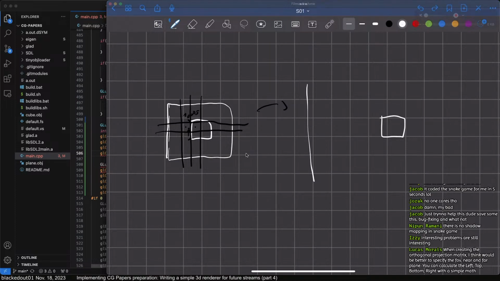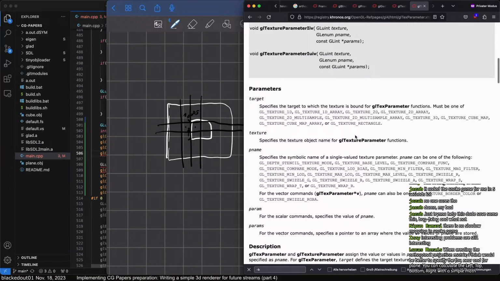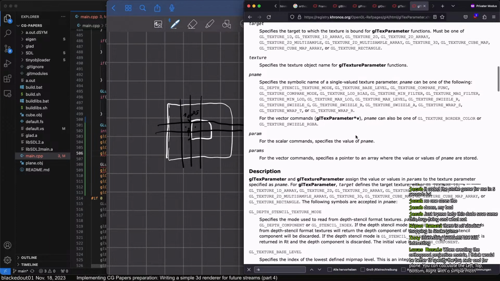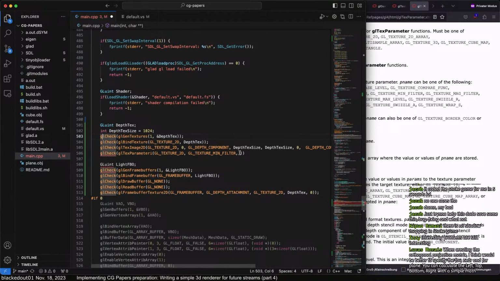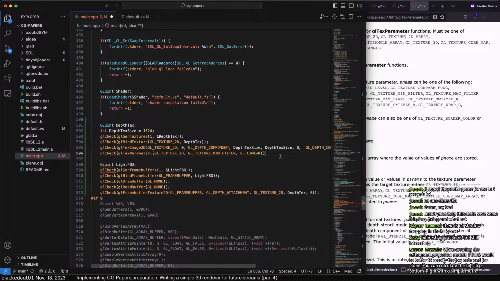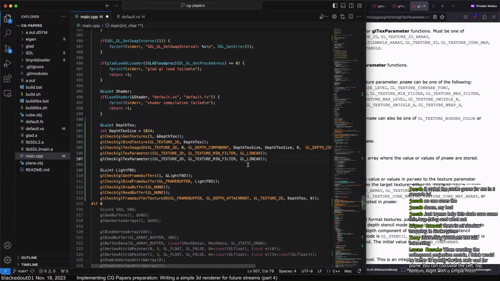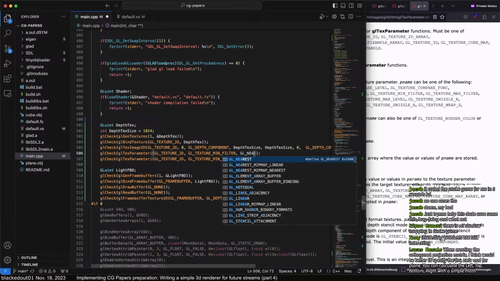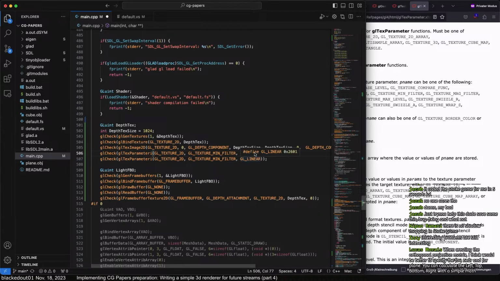Which is why we put the filter to, I think it's GL linear. So that it just picks, no, it's not linear, it's nearest. So it just picks the nearest pixel instead of doing some interpolations. Linear would be if you want to do interpolations. So, and then magnification.